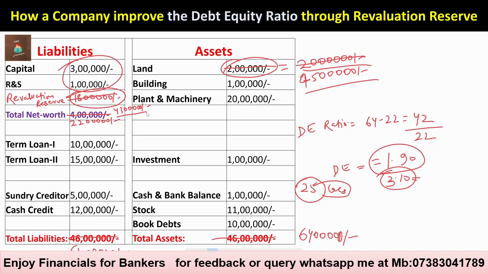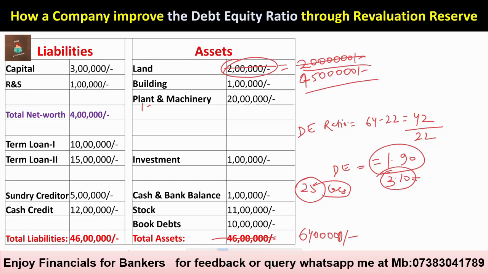So in my opinion, friends, whenever you find any type of revaluation reserve, simply first remove the revaluation reserve from the liability side. The moment you remove it, it will come to the actual size of the balance sheet.